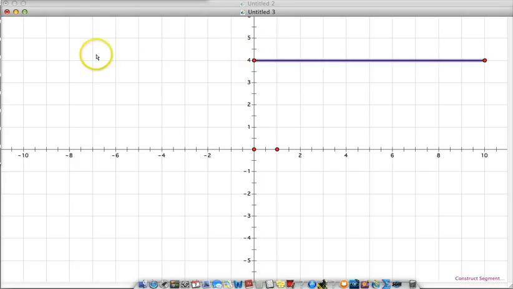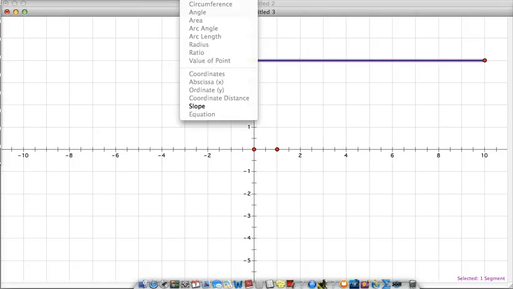And we can see that once again, basically this segment has a length of 10 coordinate units because it goes from 0, 4 to 10, 4. Okay, but when I measure the length, do we expect to see the length at 10 centimeters again? Okay, well, of course not.